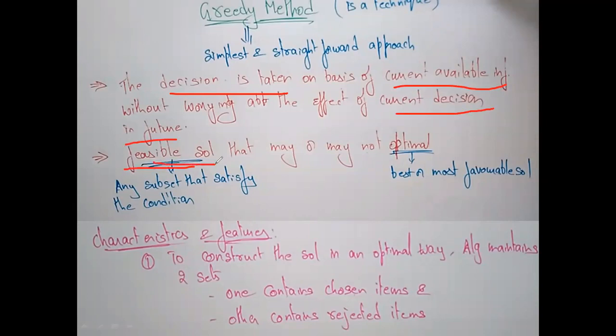Feasible solution means it is a subset that satisfies the condition. From those, the one subset that gives the best result is the optimal solution. Each optimal solution may contain two sets: one contains the chosen items, another contains the rejected items.